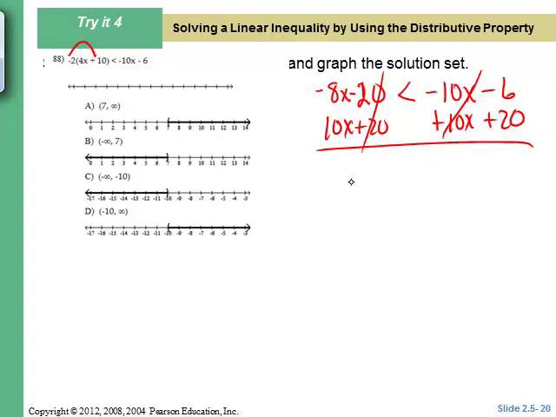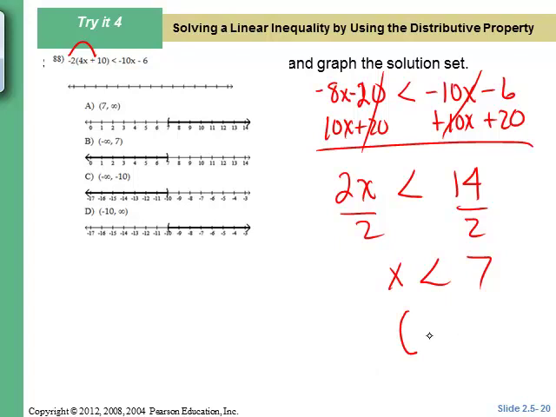These cancel, so we get 2x is less than 14. Divide both sides by 2. Notice we don't have to change the sense. X is less than 7. Parentheses, -infinity, comma, 7, close parentheses. Or, right here, x is less than 7.